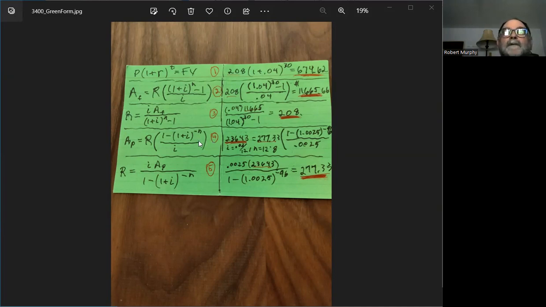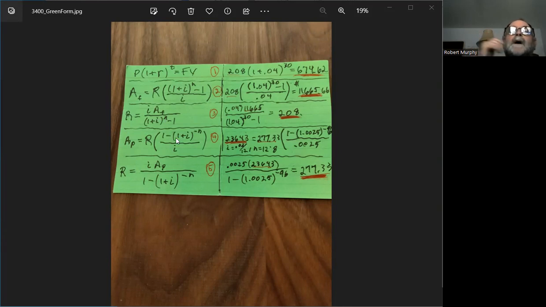If you've been doing the other formulas with me, they keep getting trickier and trickier. We had this 1 plus i raised to the n, minus 1, divided by i. That was in the 2nd formula. And in the 3rd formula, that same stuff was down in the denominator.